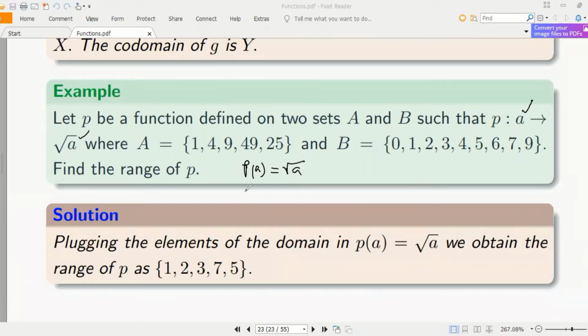So in other words, if I'm asked about the range of P, it would be the set of the square root of 1, I'm using this definition, the square root of 4, the square root of 9, the square root of 49, the square root of 25.